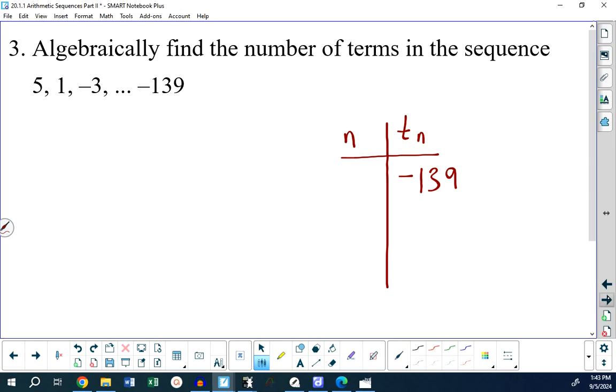So what do we do first? We determine the general term. T sub n is the first term plus n minus 1 times the common difference. I'll give everybody a minute to percolate mentally on that.